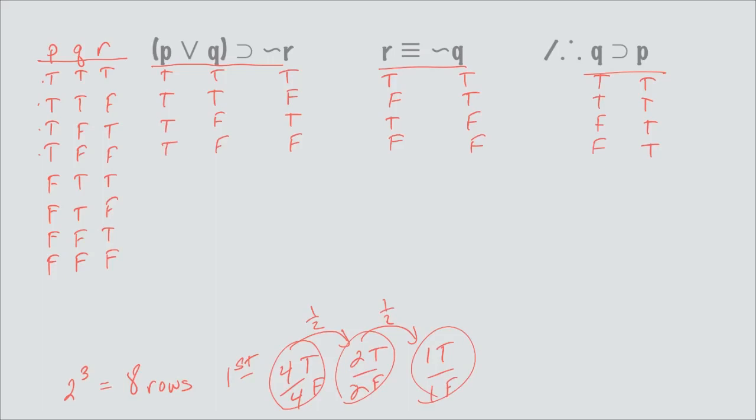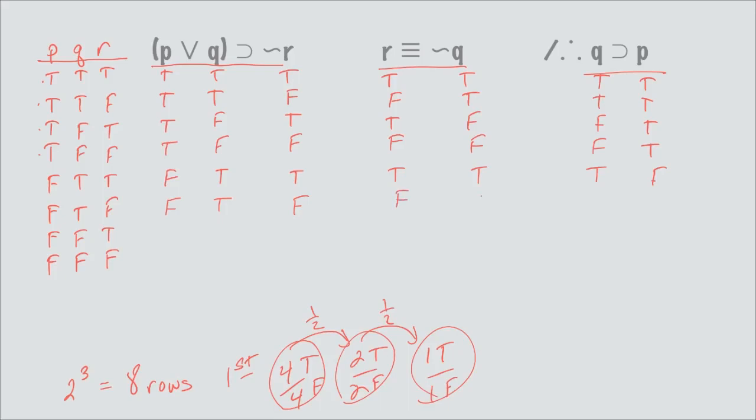P is false, and Q and R are both true. So P is false, Q and R are true. Again, P is false, Q is true, R is false.